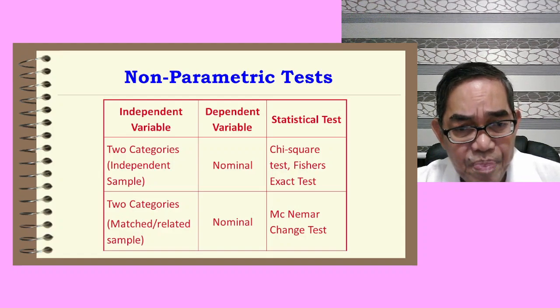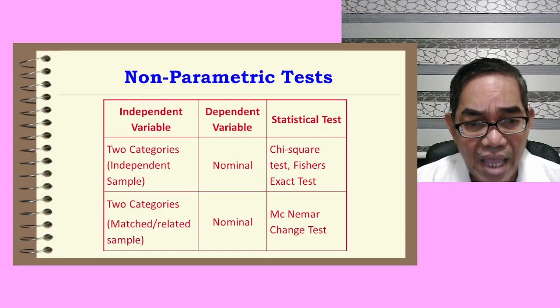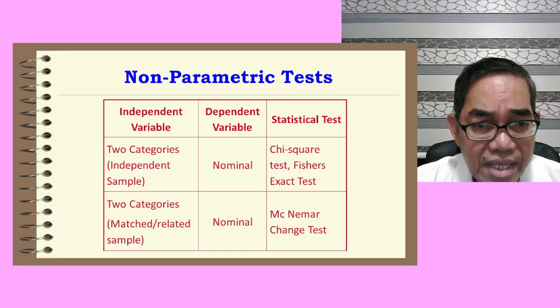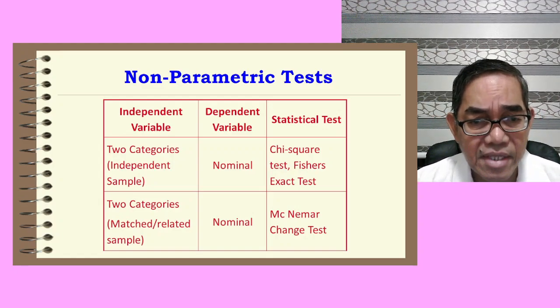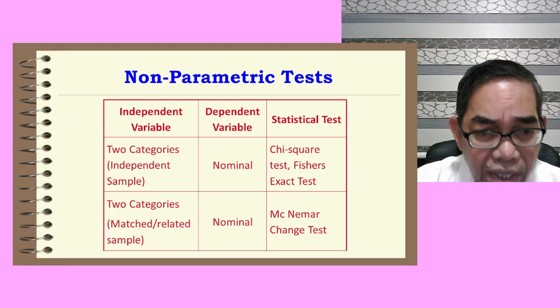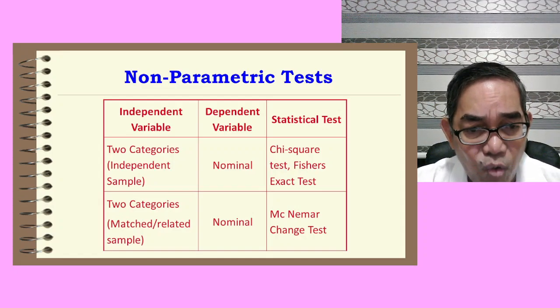Now, let me just emphasize to you that when we talk of non-parametric tests, all independent variables are qualitative. That is why I'm not talking here of whether it's quantitative or qualitative.